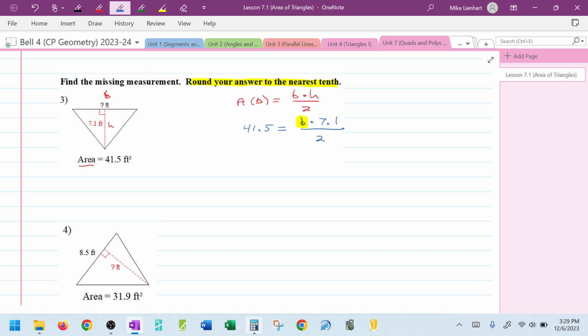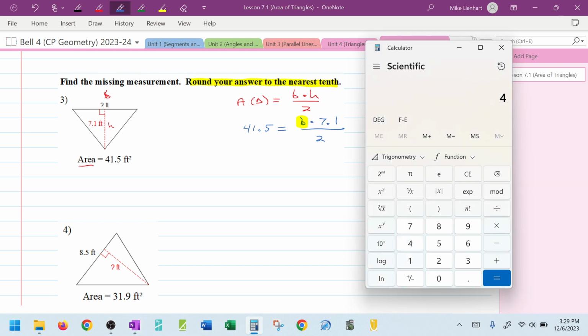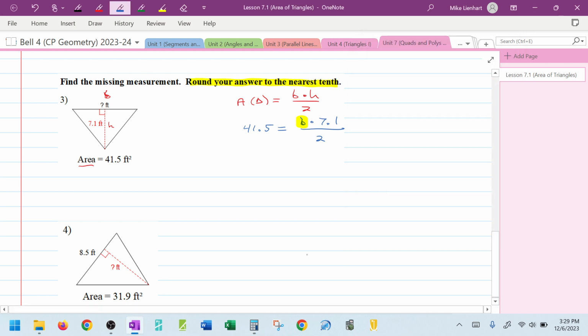We move it by multiplying by 2. So I take 41.5 times 2. And that gives me 83. So my equation is now 83 equals B times 7.1, which is 7.1B.